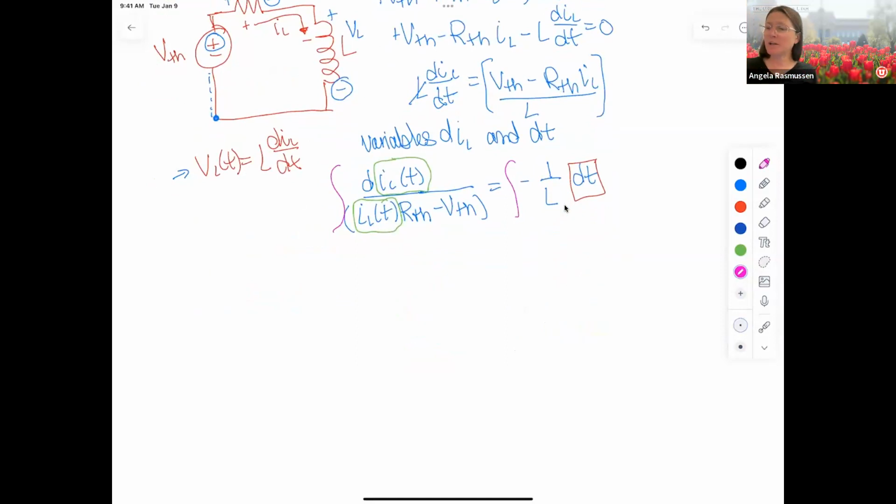Okay, so now from here, I'm going to do this from a time t0 to a time t, where t0 will be kind of like if I had a switch, that would be my initial time. So t0 is just initial time. And I'm going to put a recall.